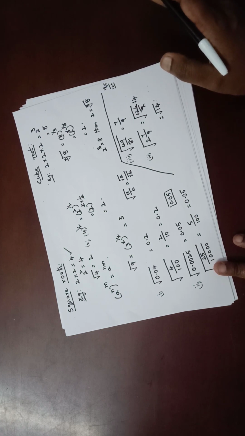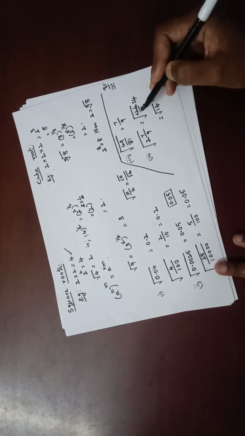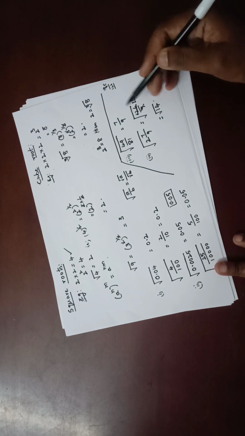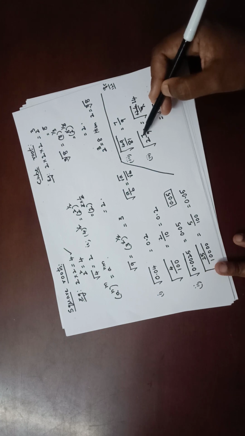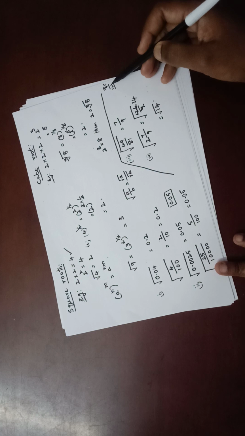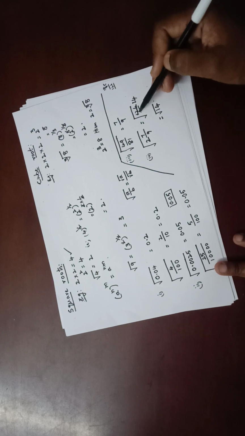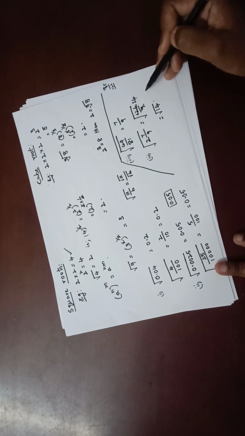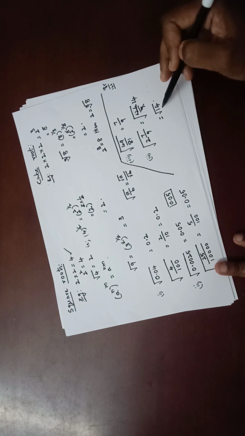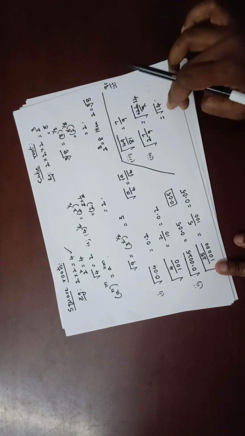If in place of 126 we had 121, then 11 11s are 121, and we would get the answer 11 by 3. But here we got only the root 14 answer. Sometimes we get answers like this also.